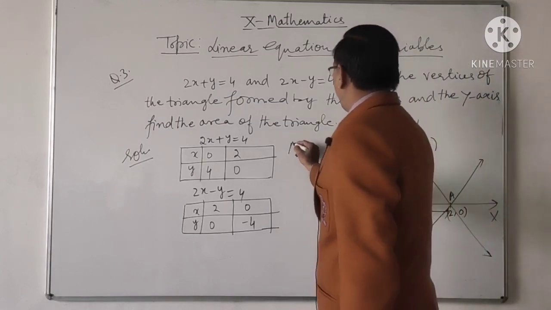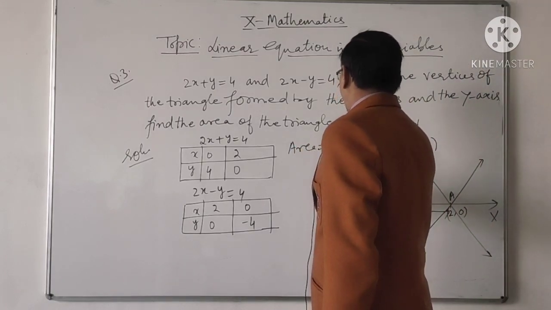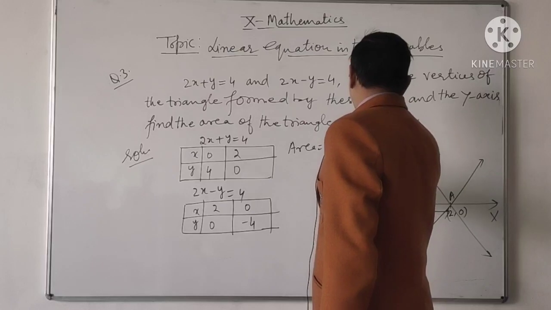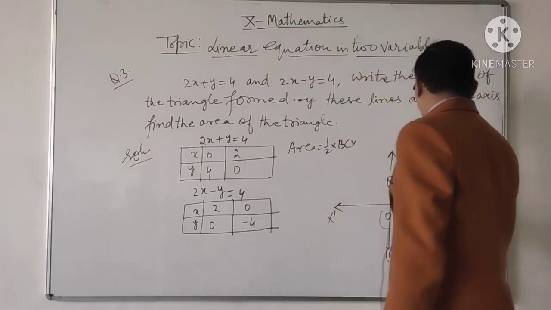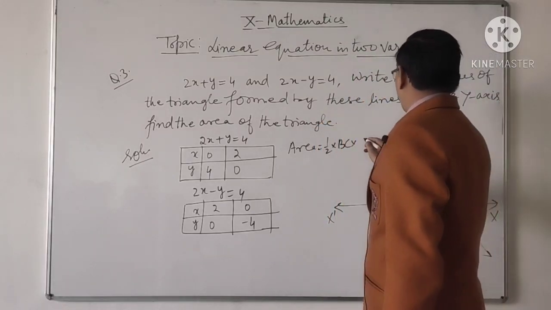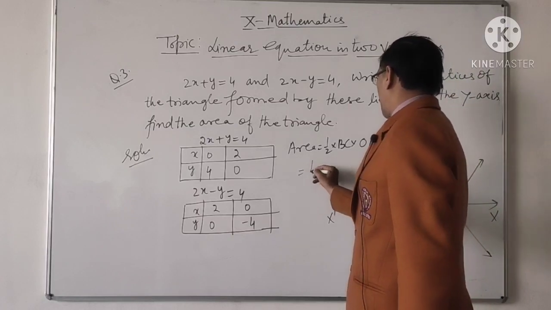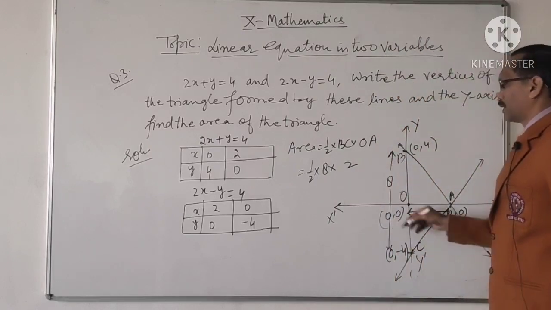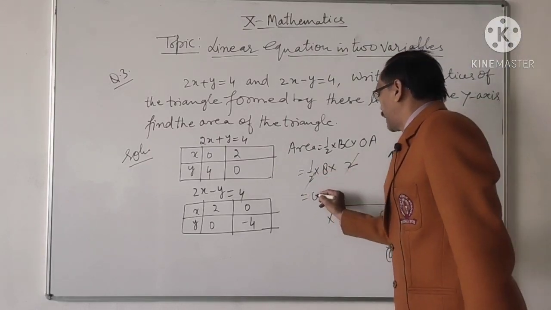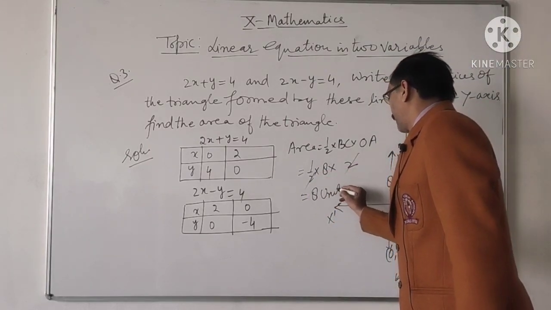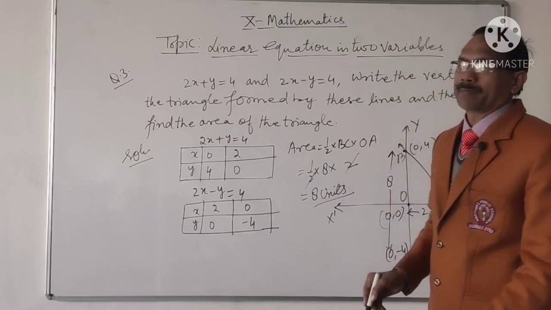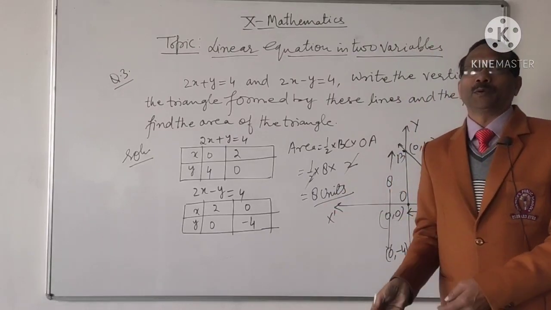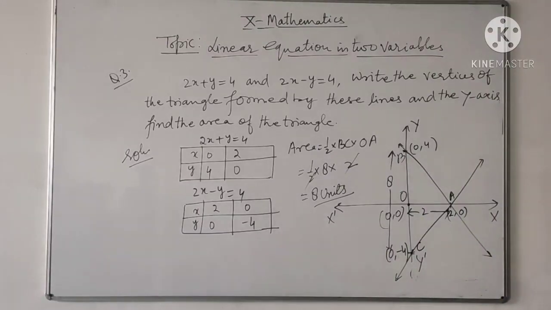So area equals half of BC into, let this be the origin O, so OA. So 1 upon 2, 8 into 2. 2 cancels, so the area is 8 square units. Area of the triangle is 8 square units.